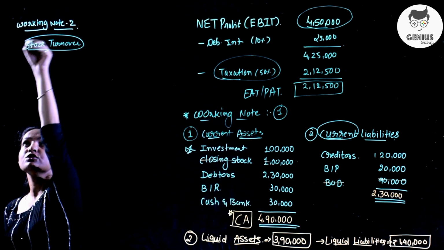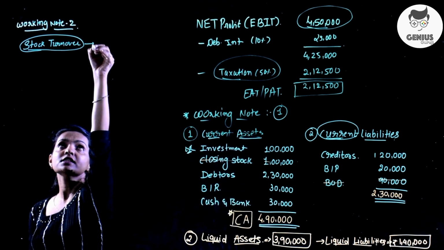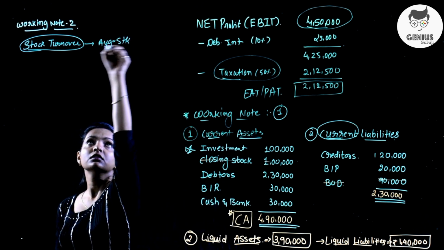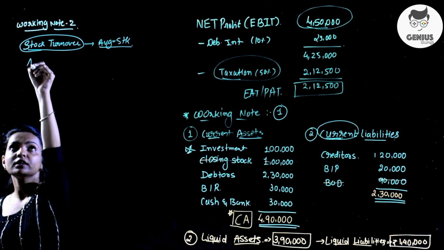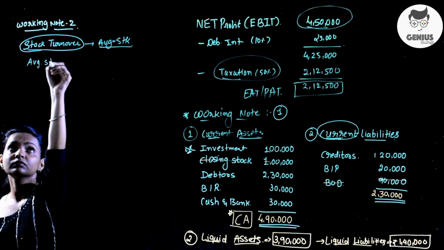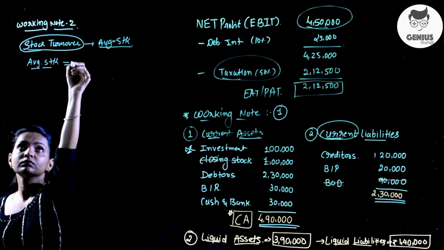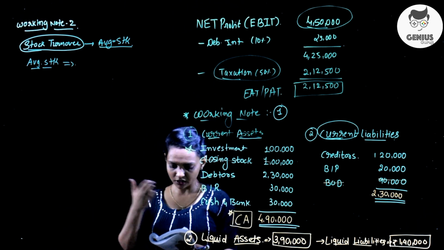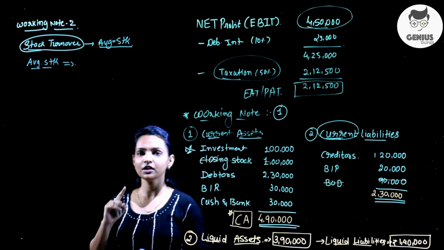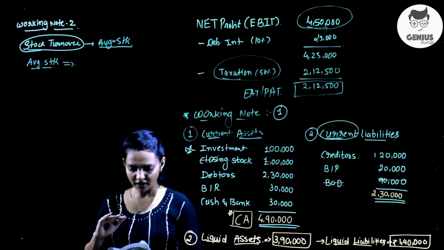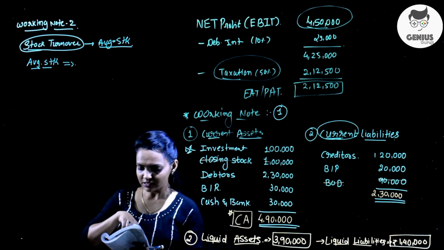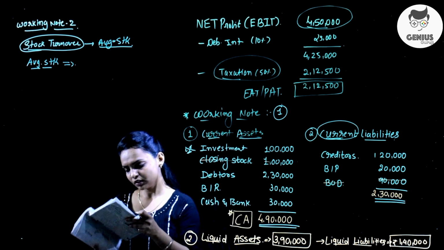And for this ratio, your denominator is average stock. How to calculate average stock? See, in an example, opening stock is given in additional information, 1,50,000, and in your balance sheet asset side you can see your answer is closing stock of 1 lakh.